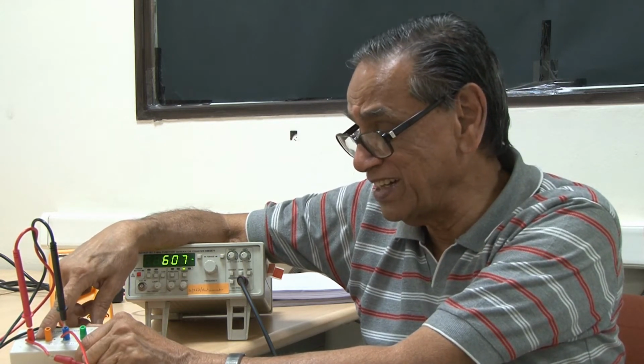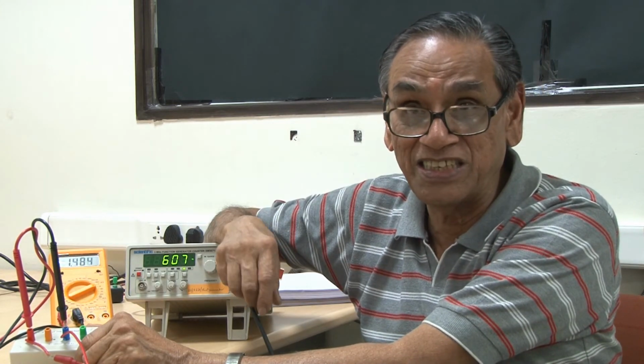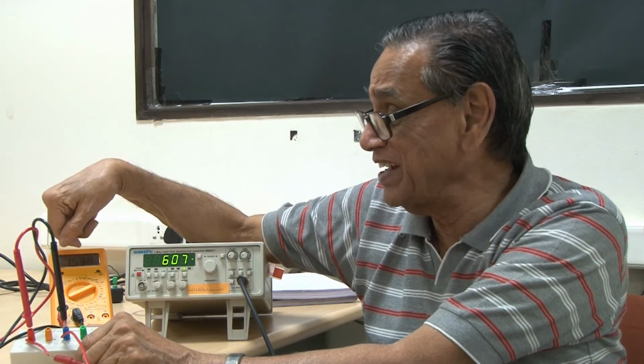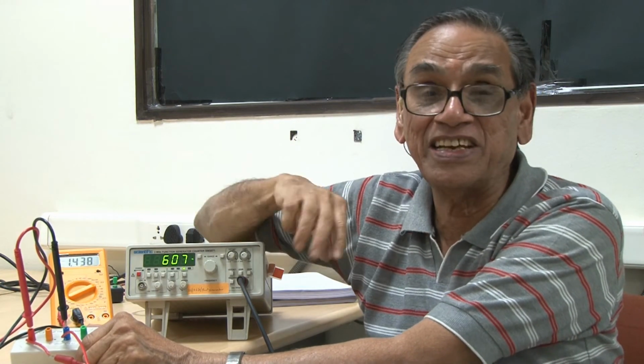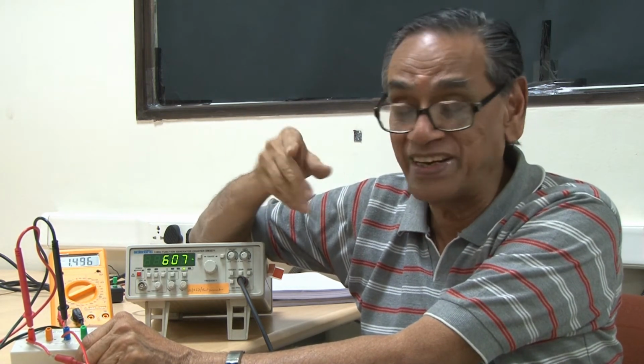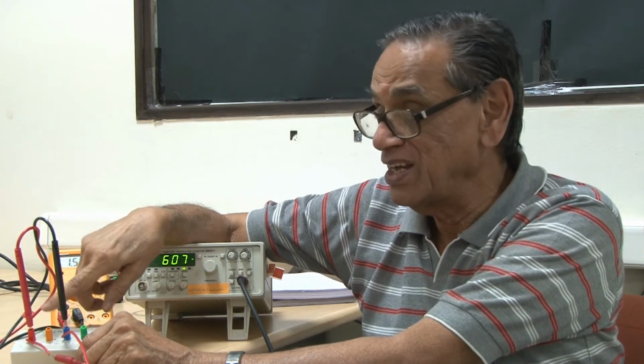So if I measure the ratio of the voltages at different frequencies, square the ratio of the voltage, plot it against square of the frequency, I will get a straight line. From the slope of the line, I can find what is the inductance of the coil.